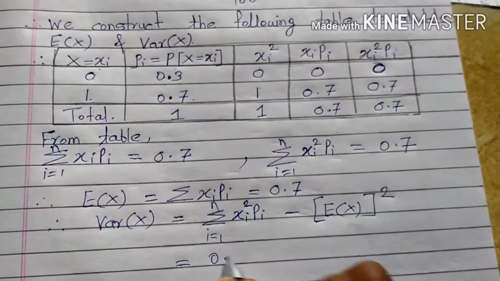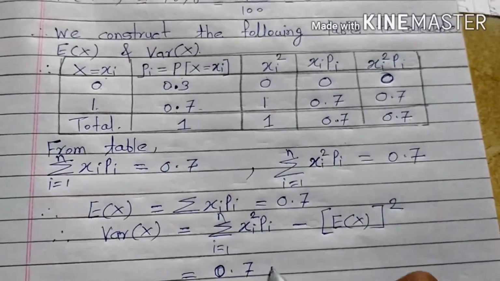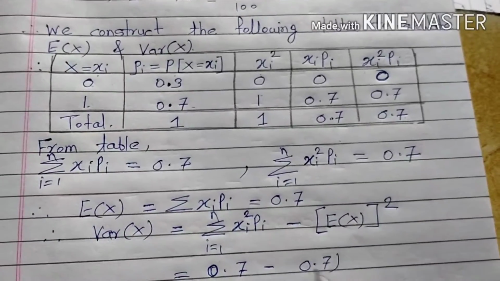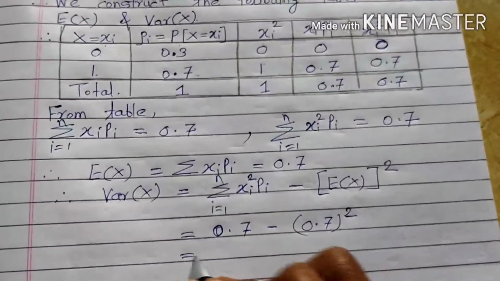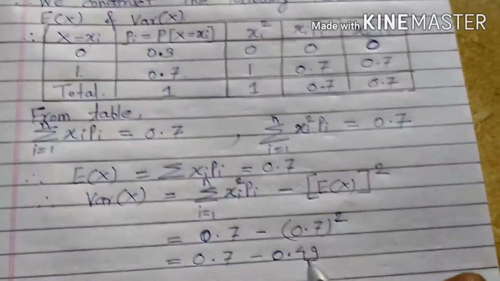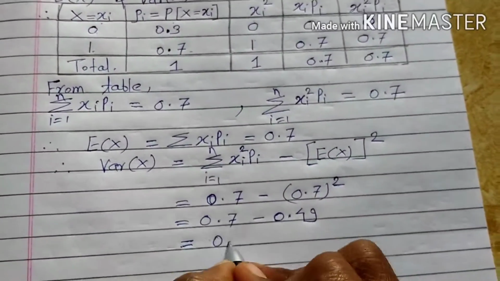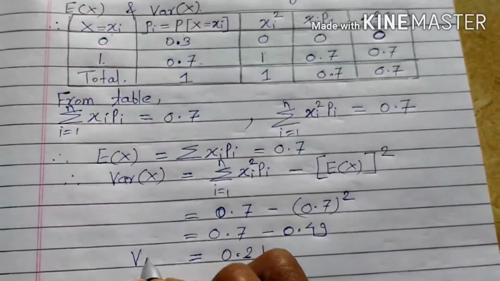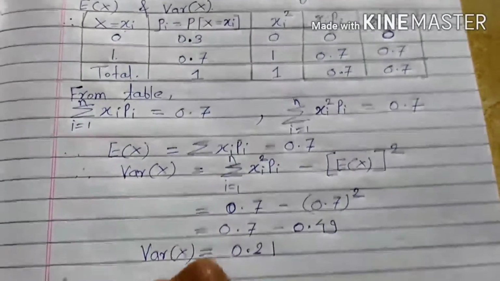So it is 0.7 minus 0.7 square. So 0.7 minus 0.49, which is equal to 0.21. This is the variance of x.